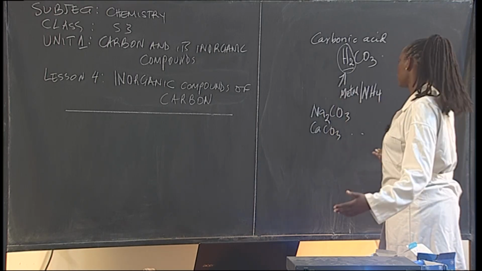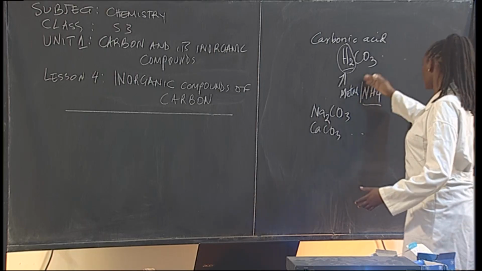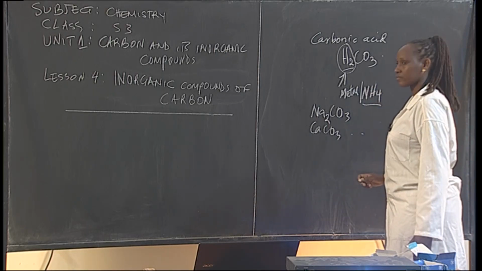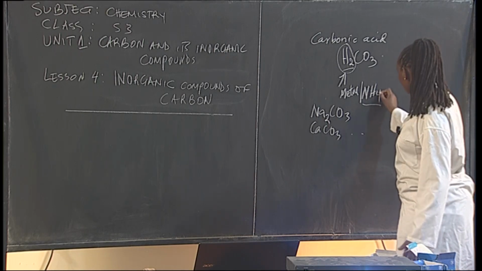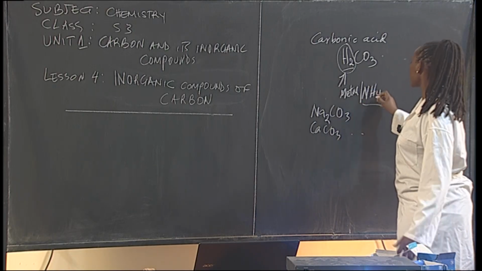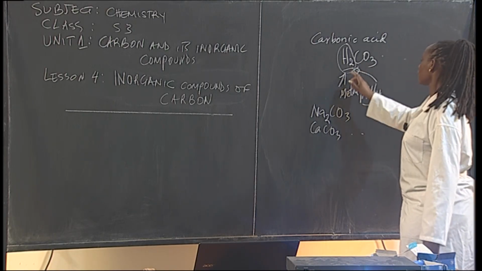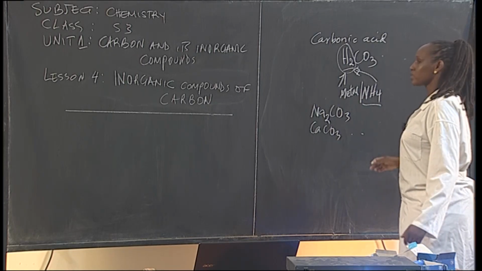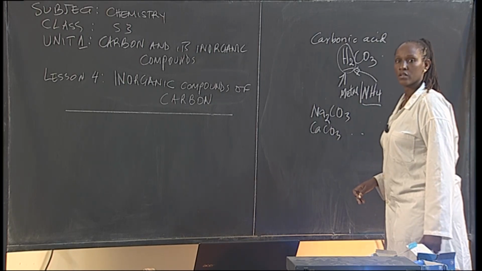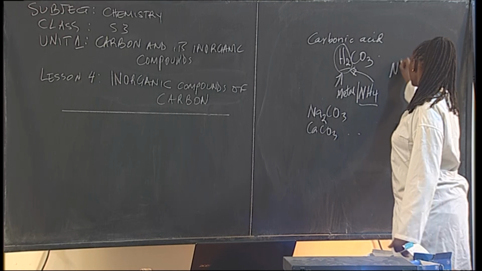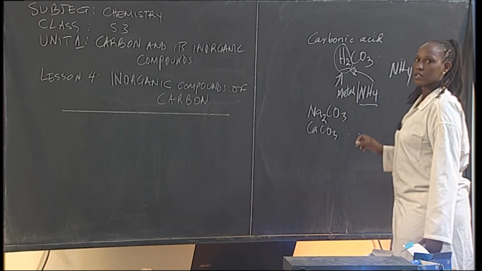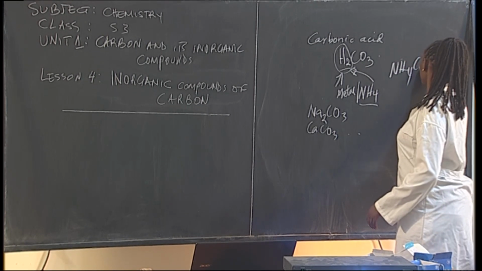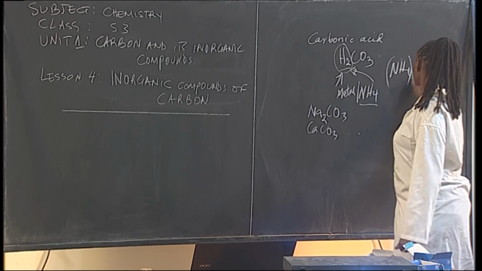All right? So it can be ammonium carbonate now. So instead of putting a metal, you put in ammonium. You remove hydrogen, you put in ammonium, ammonium carbonate. All right?